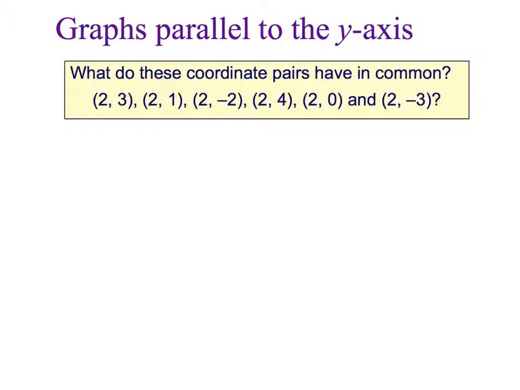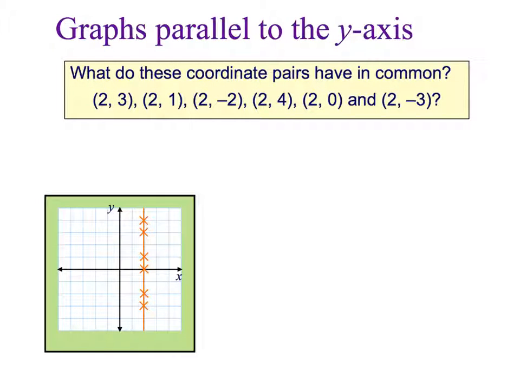If we look here, can you see a connection? What you may have seen is that the x coordinates are all 2. And if we plot that graph, we get this, and the equation of that line is conveniently x equals 2.